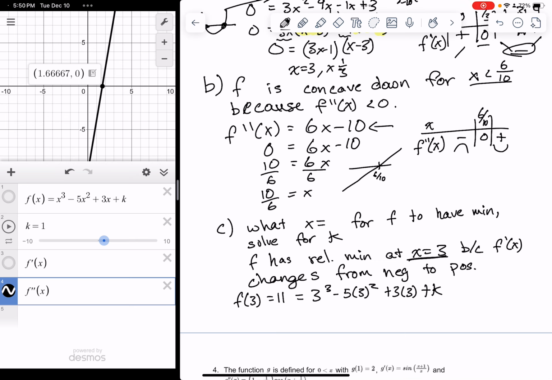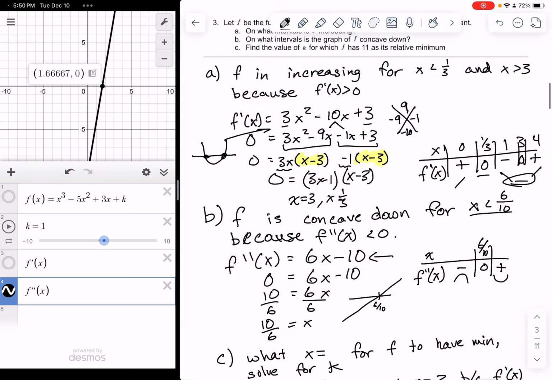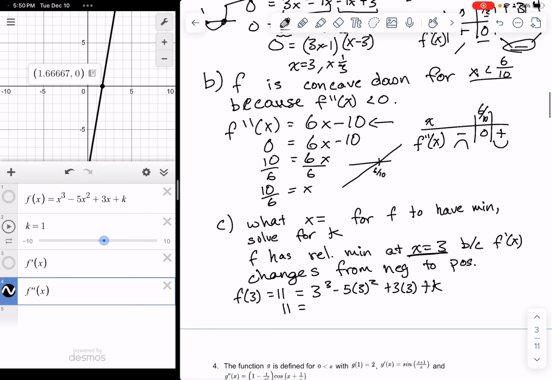All right, now a lot of things happen here. We could say 11 equals 3 cubed, which is 27, minus 5 times 9, which is 45, plus 3 times 3, which is 9, plus k.